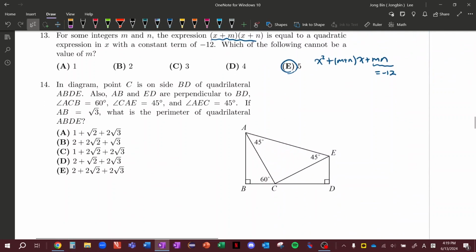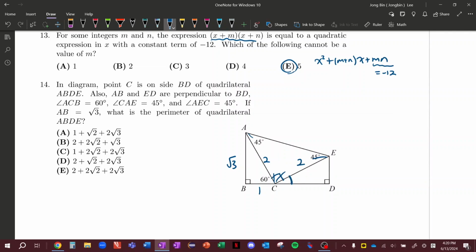And question number 14, the diagram shows this, and the question is asking for the perimeter of ABDE. This is just using special triangles, and since we know that AB is equal to root 3, we know that BC would be 1 because it's a 1 to root 3 to 2 ratio here, and this is a right triangle.